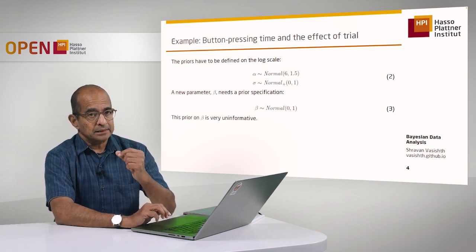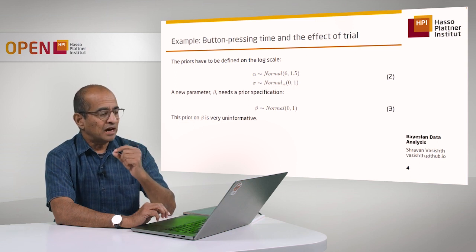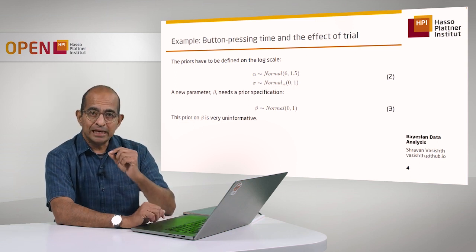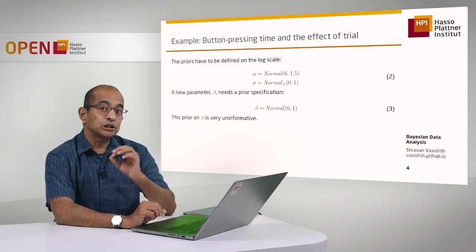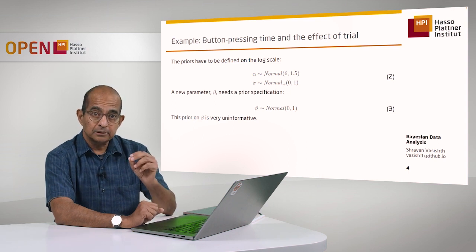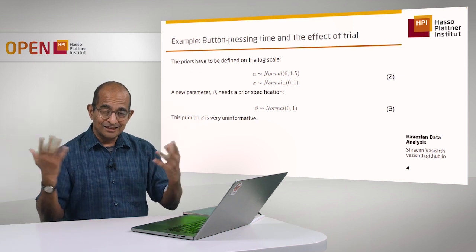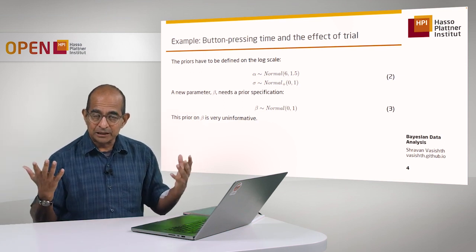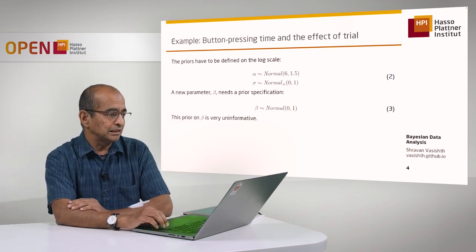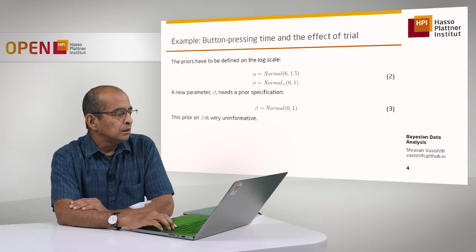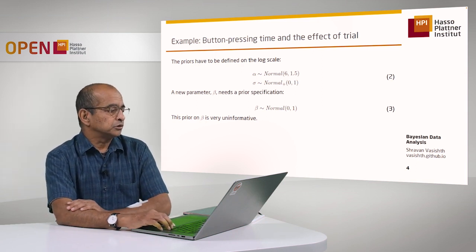What it implies is that I'm now going to have to define priors on the alpha, beta, and sigma parameters on the log scale. I cannot now operate on the millisecond scale and think about the average button pressing time on the millisecond scale anymore, because I'm working on the log in the log normal distribution, right?